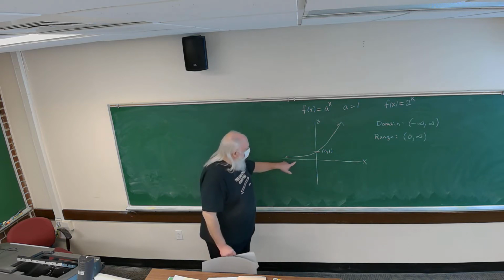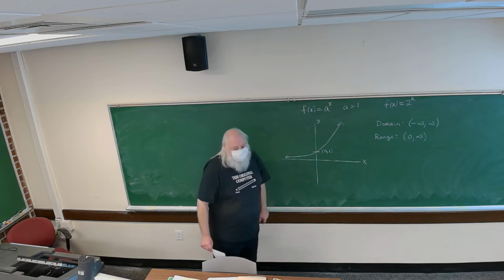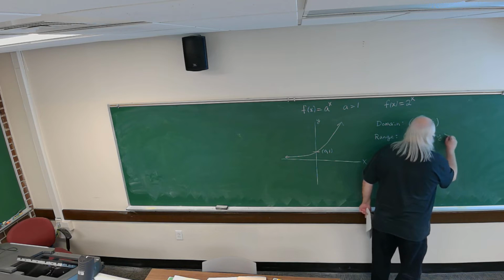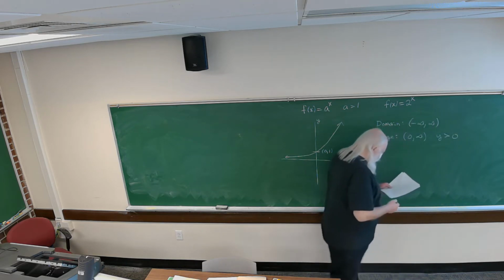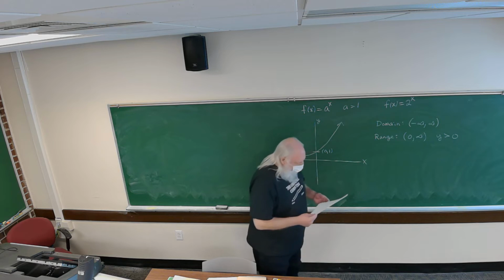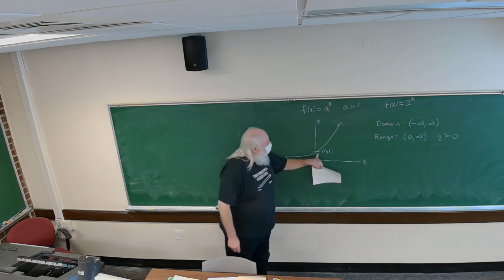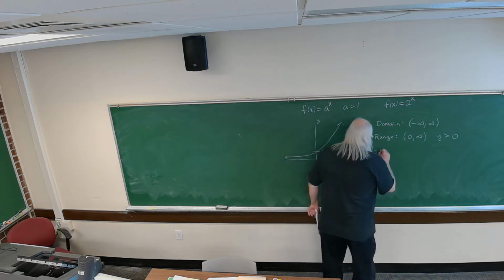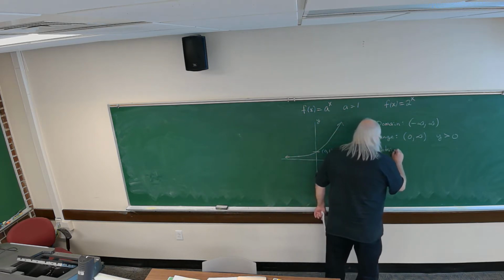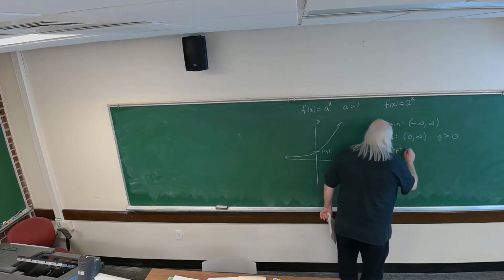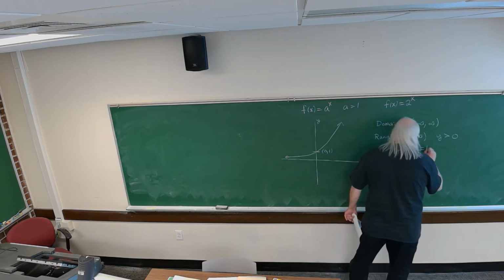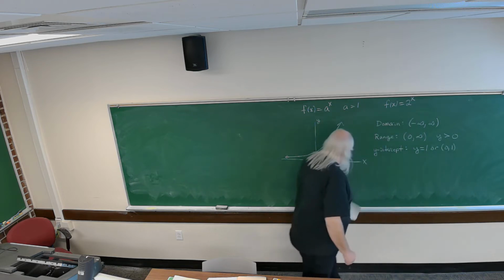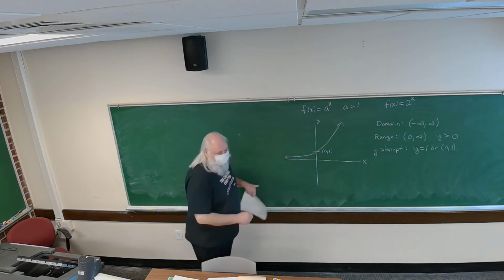But there's no point on the graph with a y coordinate equal to 0. And so in inequality notation, right, we just write y is greater than 0. The intercept, I pointed out, right, crosses the y-axis at y equals 1. So you can write that as y equals 1 for the point (0, 1). There's obviously no x-intercept because the graph never touches the x-axis.